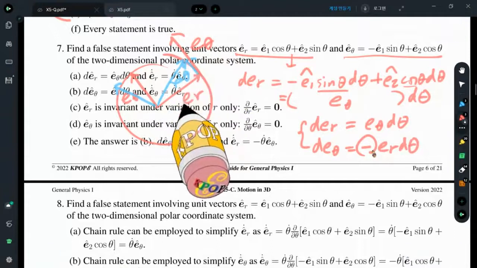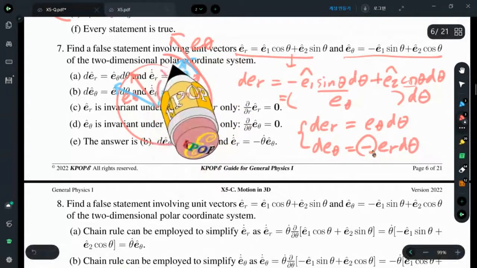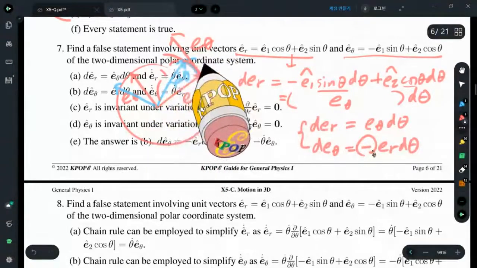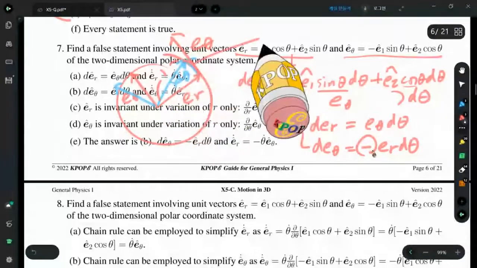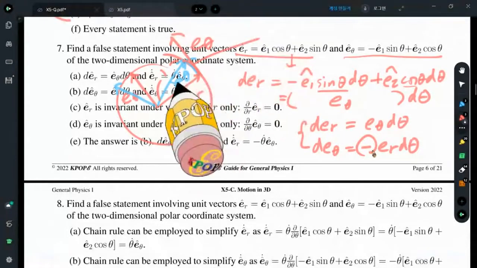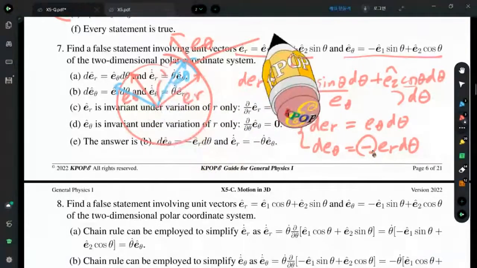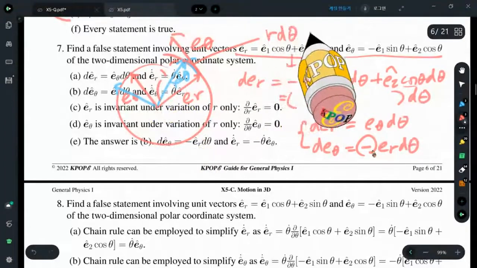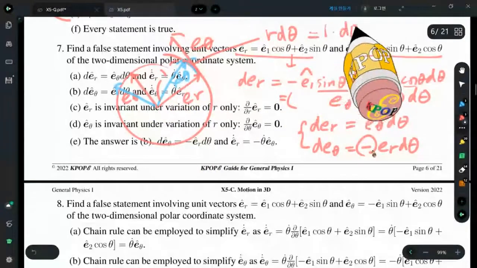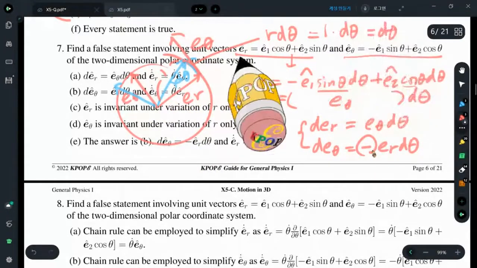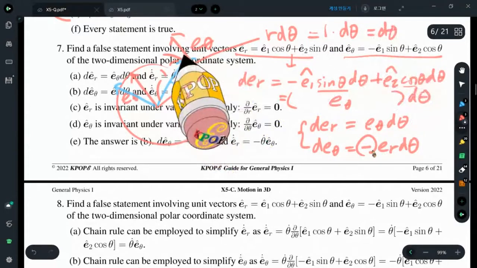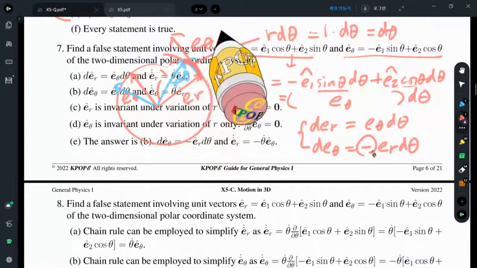Understood? And the amount is, this radius is 1. What is the arc length of radius r? This is r d theta, and r equals 1. So this is d theta. So the magnitude is d theta, and the direction is E theta.